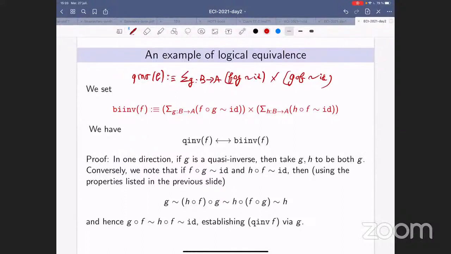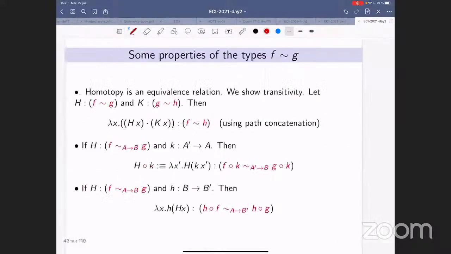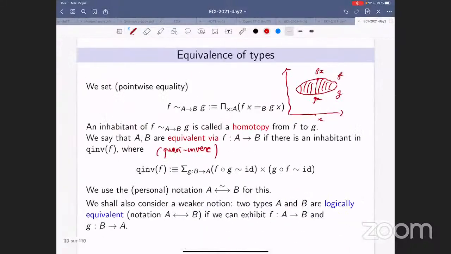But actually, what I just said is completely false. These two types are by no means equivalent in the sense of this equivalence here. We will see later.